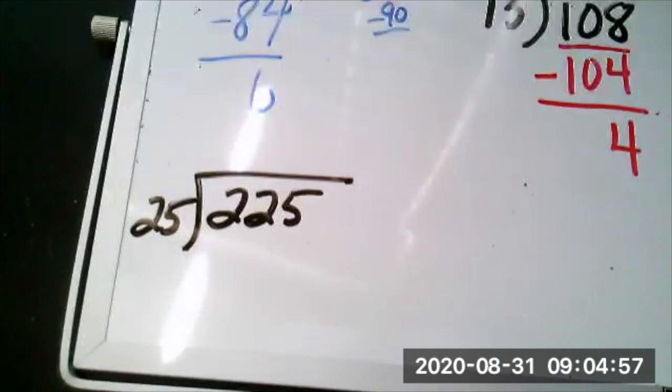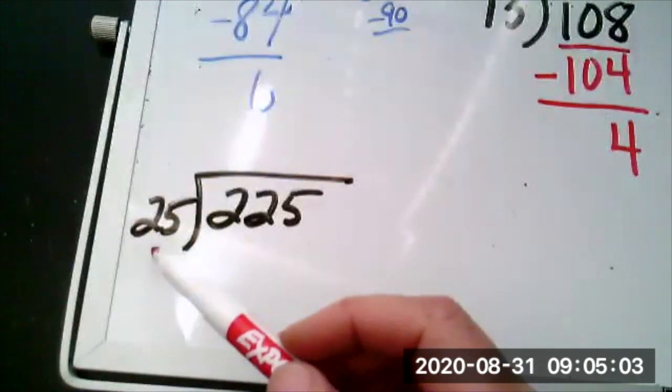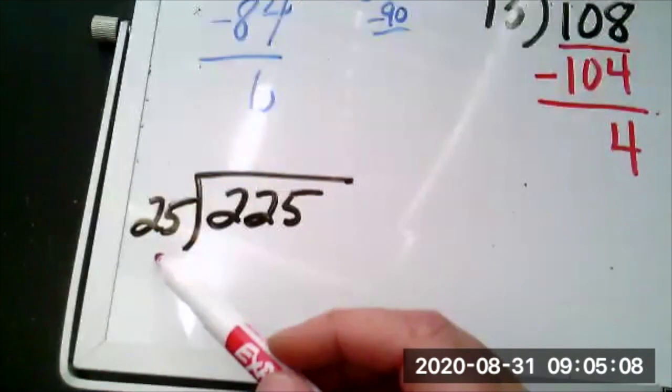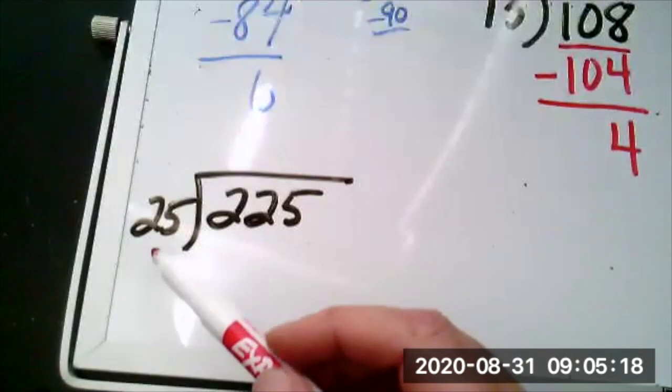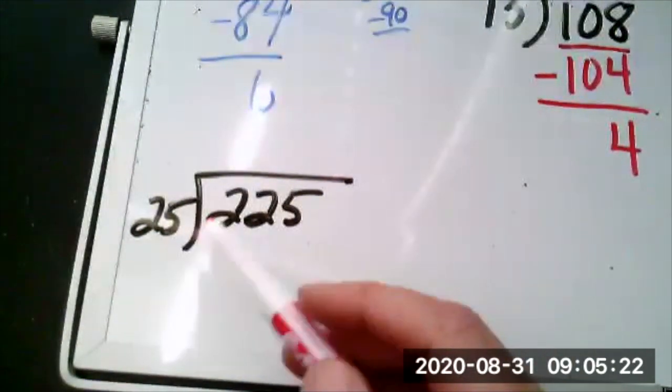All righty. Now, 25 is one of those really compatible numbers, because if you think about quarters, you should be able to multiply by 25s fairly easily. You have 25 cents, 2 quarters is 50, 3 quarters is 75, 4 quarters is $1 or 100 cents.